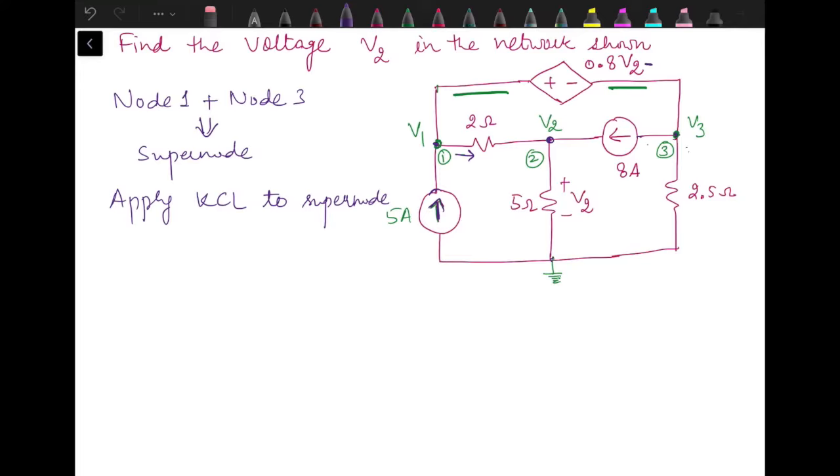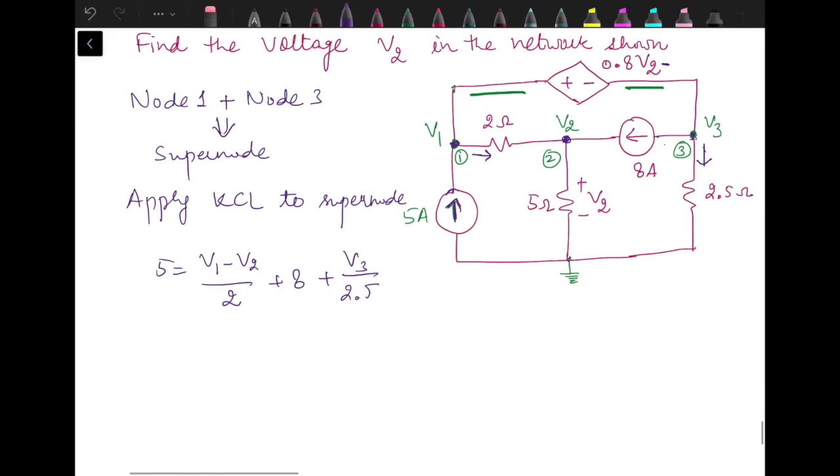Since the direction of current through 2.5 ohm resistance is unknown, I am considering this one as outgoing. So 5 ampere should be equal to V1 minus V2 by 2 plus 8 plus V3 by 2.5.